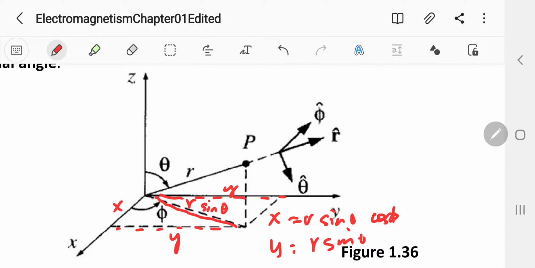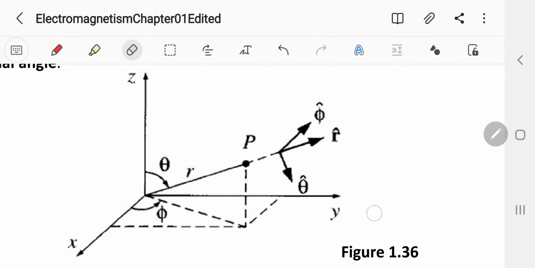So you will have the equivalence of the rectangular coordinate system and the spherical coordinate system. Here you can also check that r is also the square root of x squared plus y squared plus z squared.